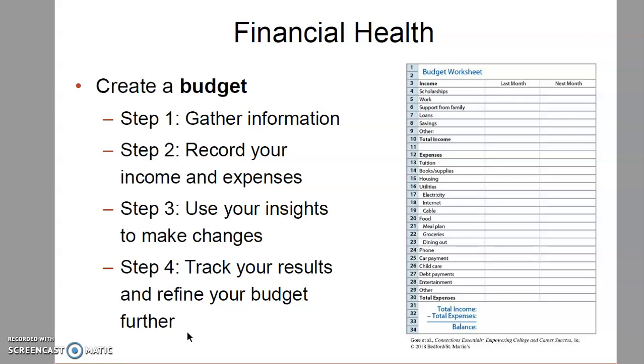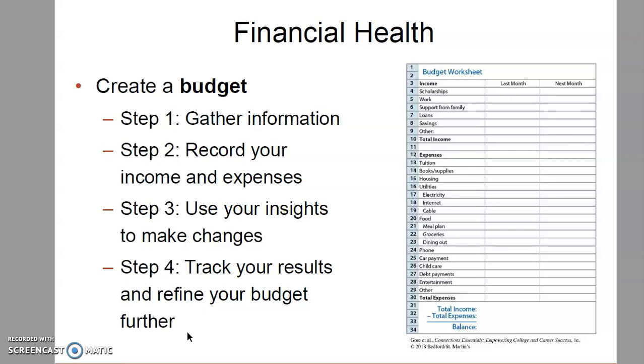Variable expenses are the ones that you may or may not have on a regular basis. Those would be things like groceries. We know we need to eat, but we have very different grocery bills, sometimes week by week or month by month. Also something like going out or entertainment or maybe even vacations.